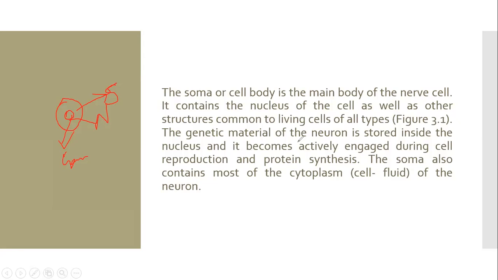It becomes actively engaged during cell reproduction and protein synthesis. So, what does the nucleus do? The nucleus reacts with other neurons and generates some energy. It can be reproduction or protein, but it is generating.